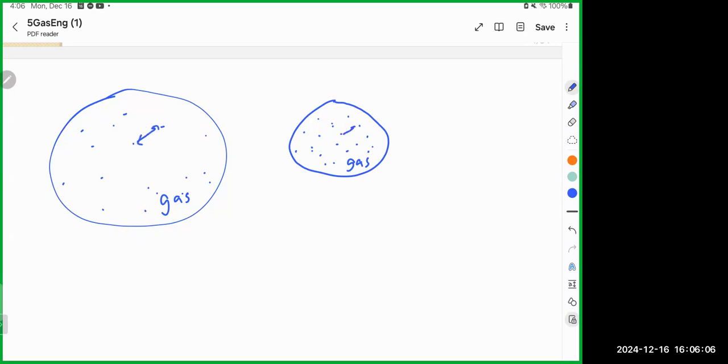When they have less distance between each other, they collide more with each other, and then collide more on the container. They collide more frequently than usual, which makes the pressure go higher.